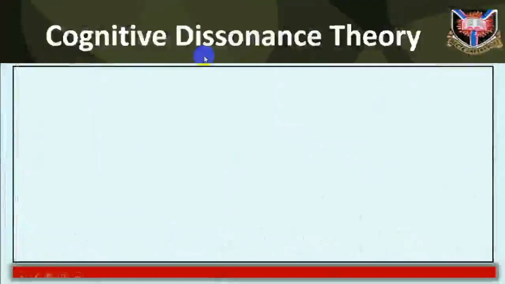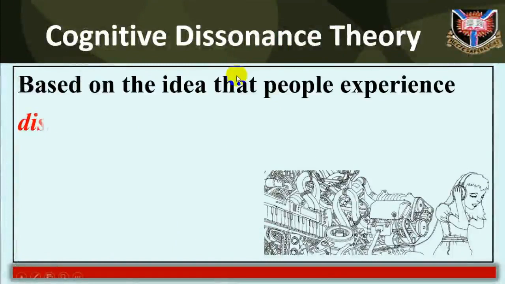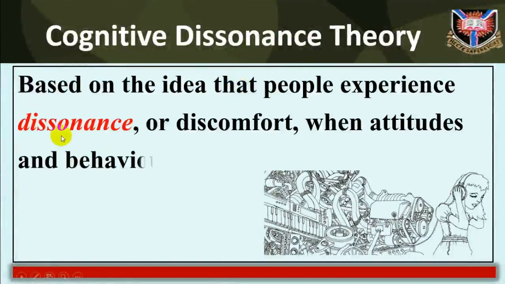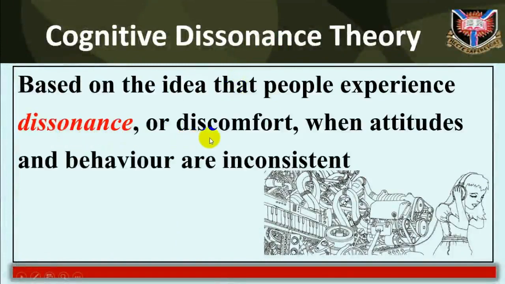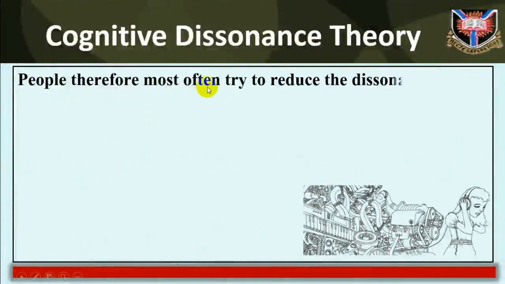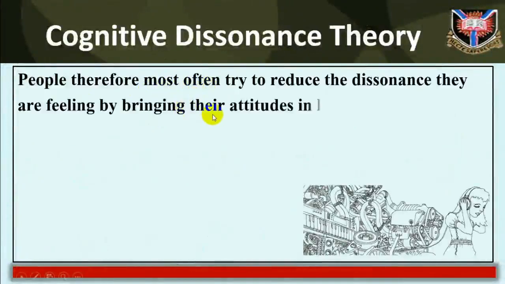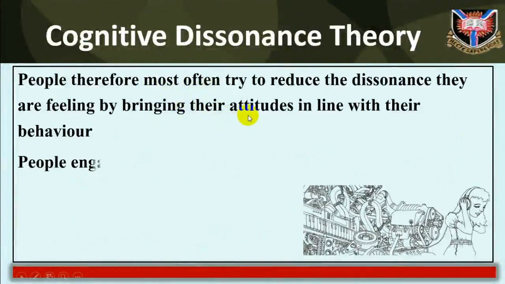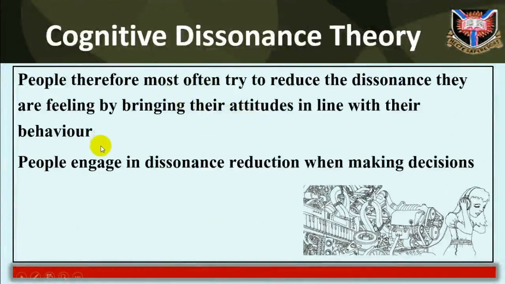Cognitive dissonance theory is based on the idea that people experience dissonance or discomfort when attitudes and behavior are inconsistent. People therefore most often try to reduce the dissonance they are feeling by bringing their attitudes in line with their behavior.